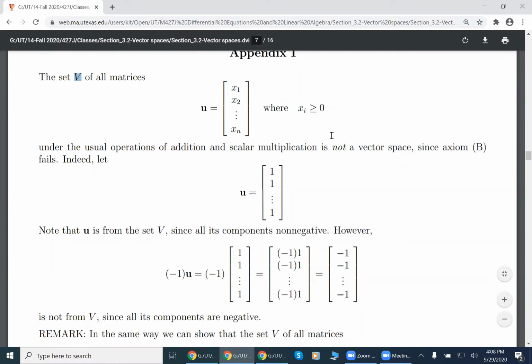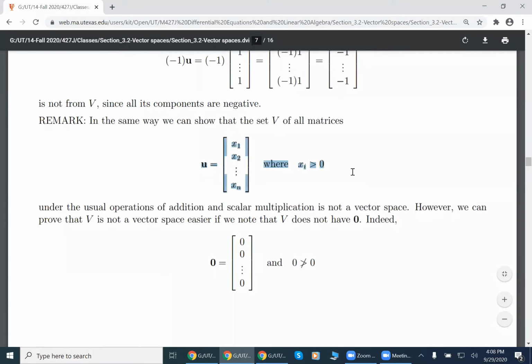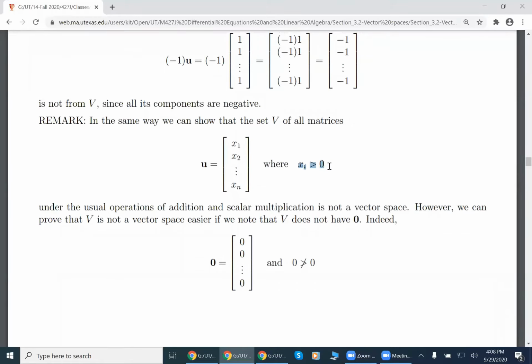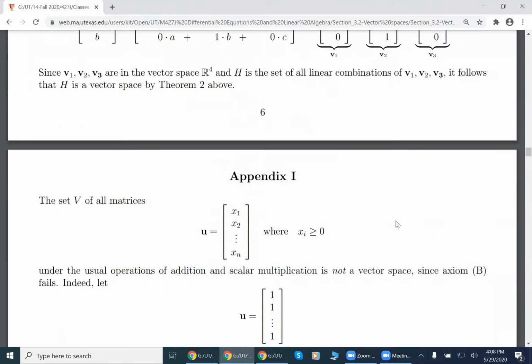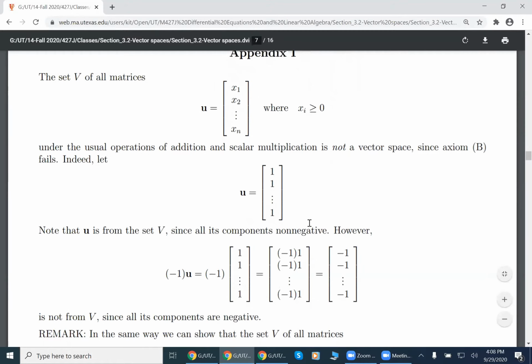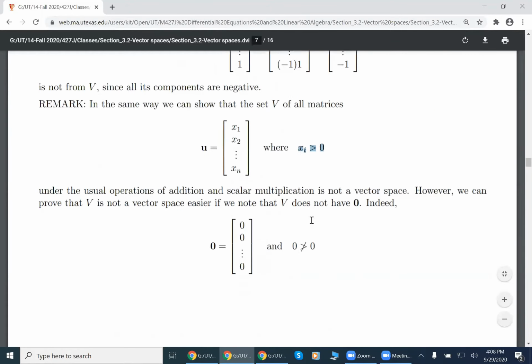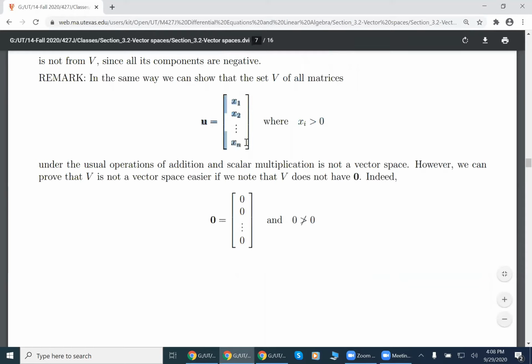By the way, compare this example with this one. Now, again, we consider the set of all matrix columns with n rows, where each component is strictly positive. We can show that this is not a vector space in the same way as before, or even easier, note that this set is not a vector space because there is no zero in this set.